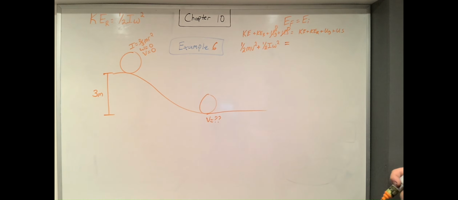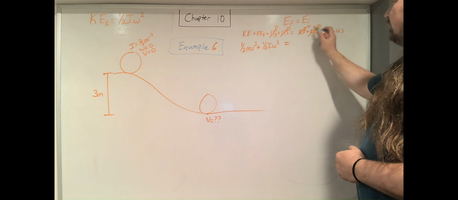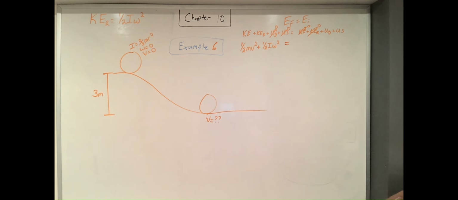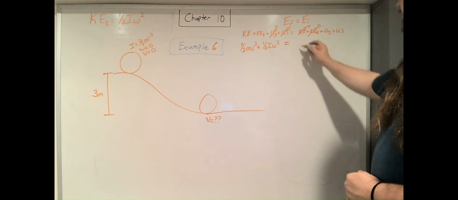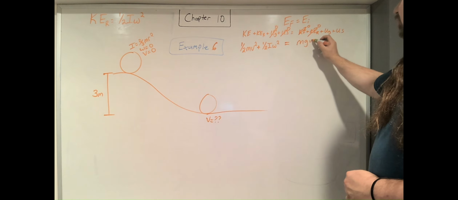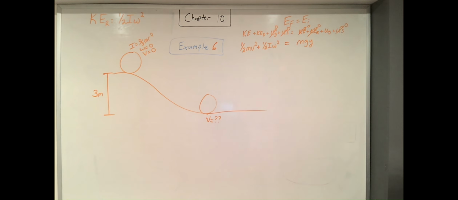Is it moving in the initial? Nope. There's no velocity and no rotational velocity. Both those are going to go to nothing. There is gravitational, though. It is going to roll down a 3-meter hill, so there will be an mgy. And again, no spring at the top.